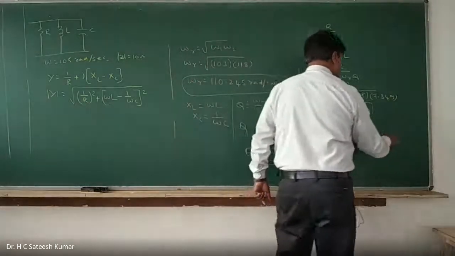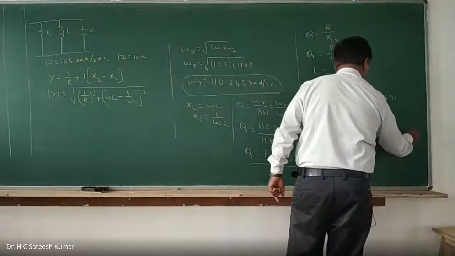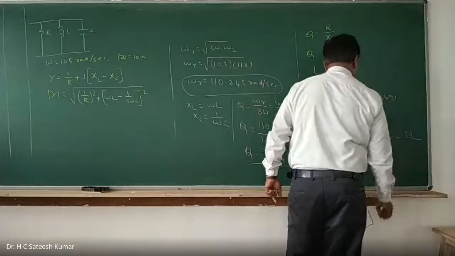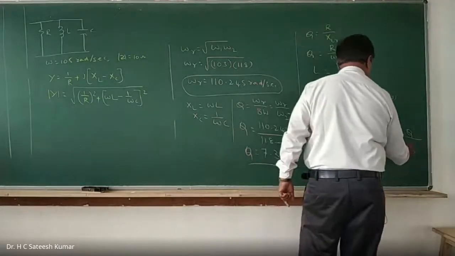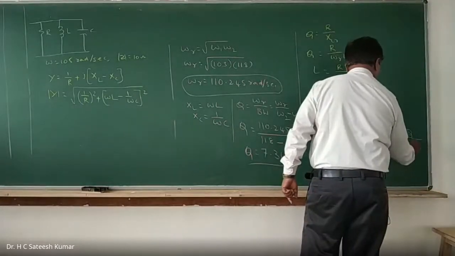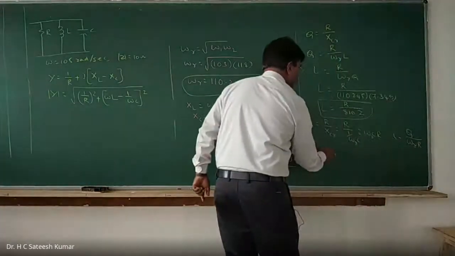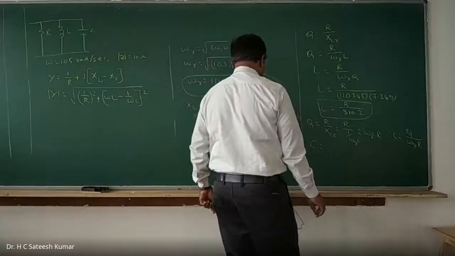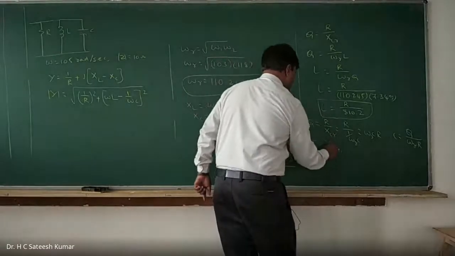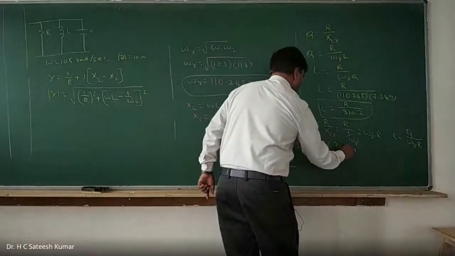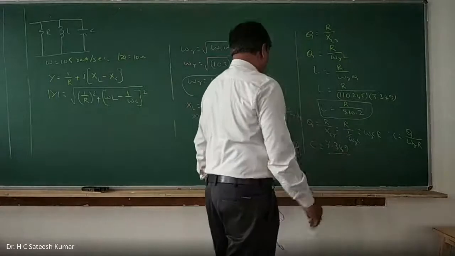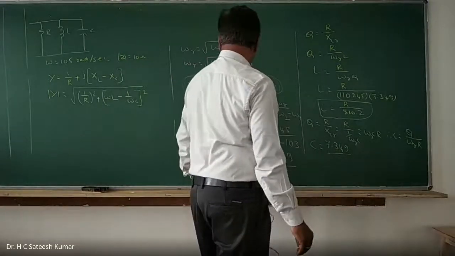Therefore, C is equal to Q divided by omega R into R. Therefore, C is equal to Q, which is 7.349, divided by omega R. Omega R is how much?